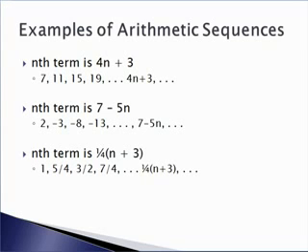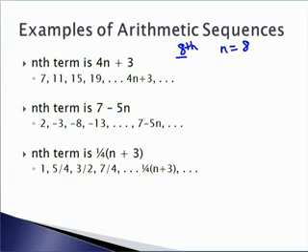So if I tell you the nth term is 4n plus 3, so basically that's a formula for telling you what the value of the nth term is. So the fourth term, or the seventh term, or the eighth term. And if we're looking for the value of the eighth term, that means the n is 8.